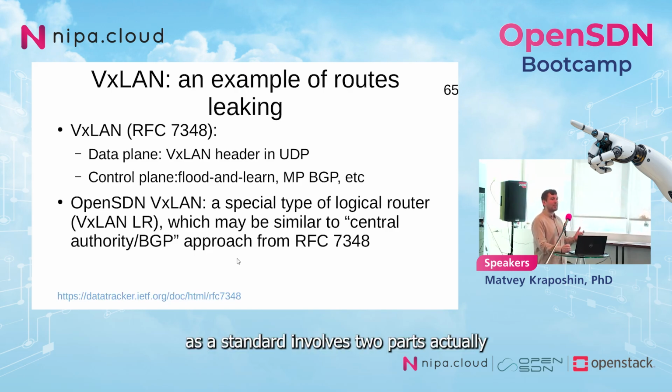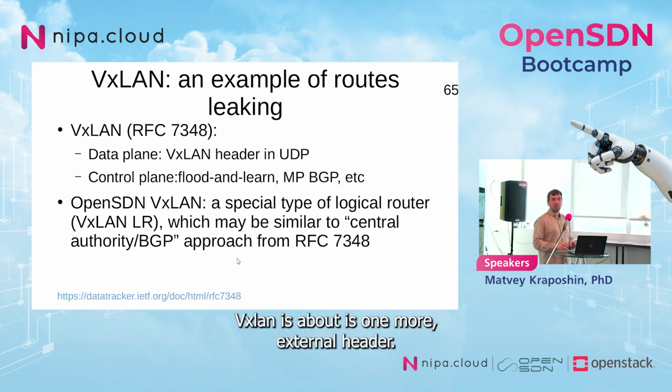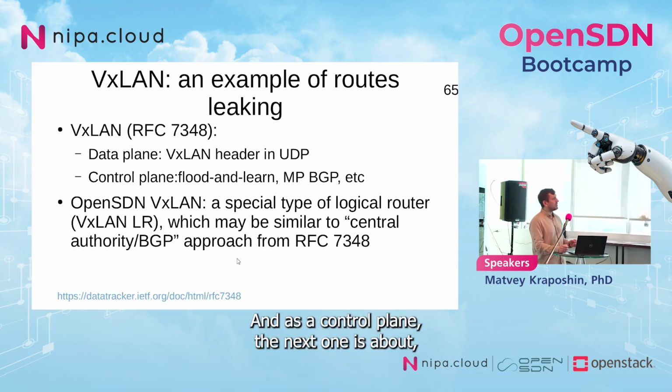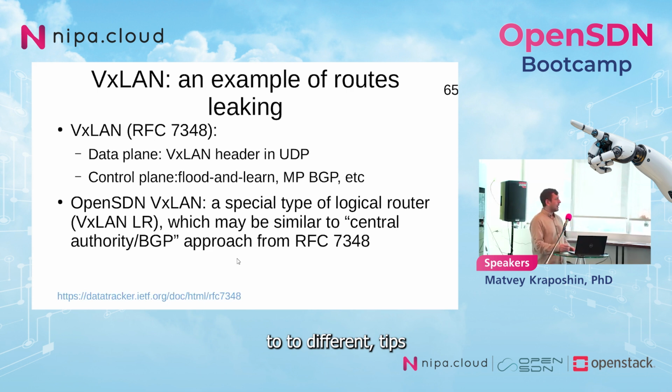VXLAN as a standard actually involves 2 parts, data plane and control plane. As a data plane, VXLAN is about adding one more external header, and as a control plane, VXLAN is about redistributing routes to different VTEPs.